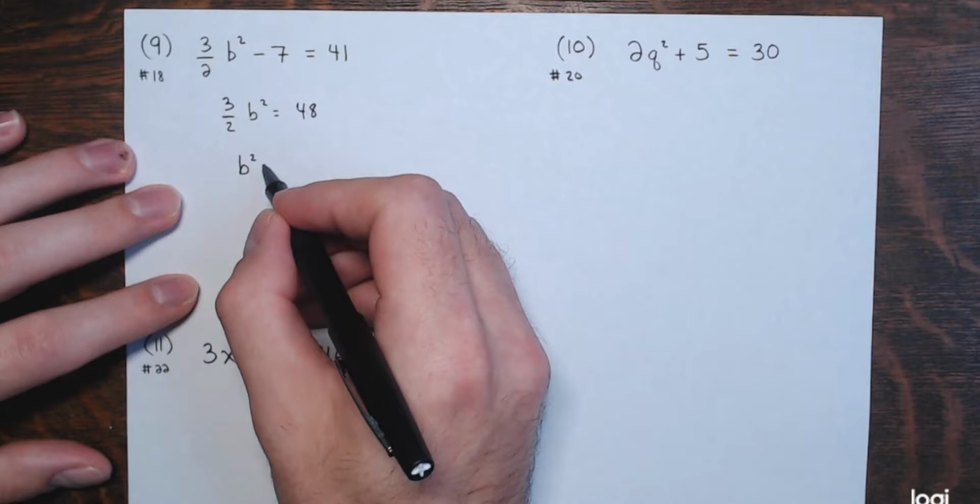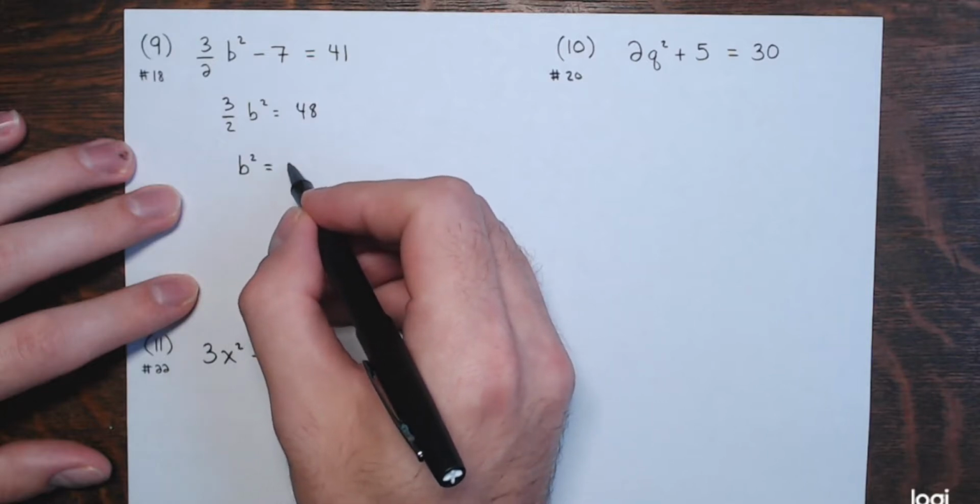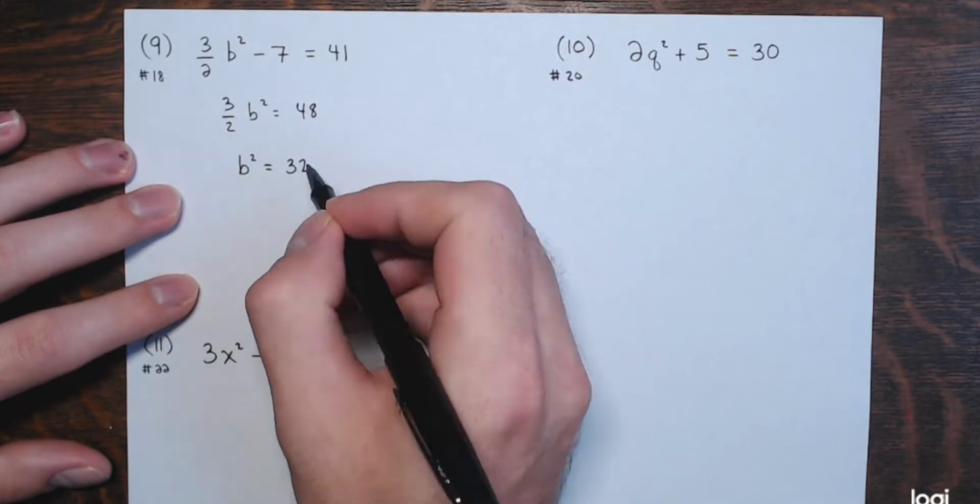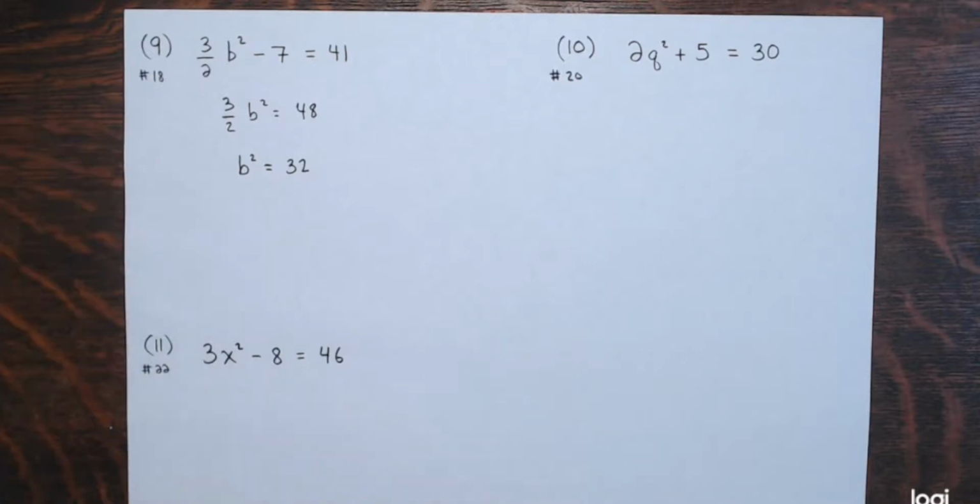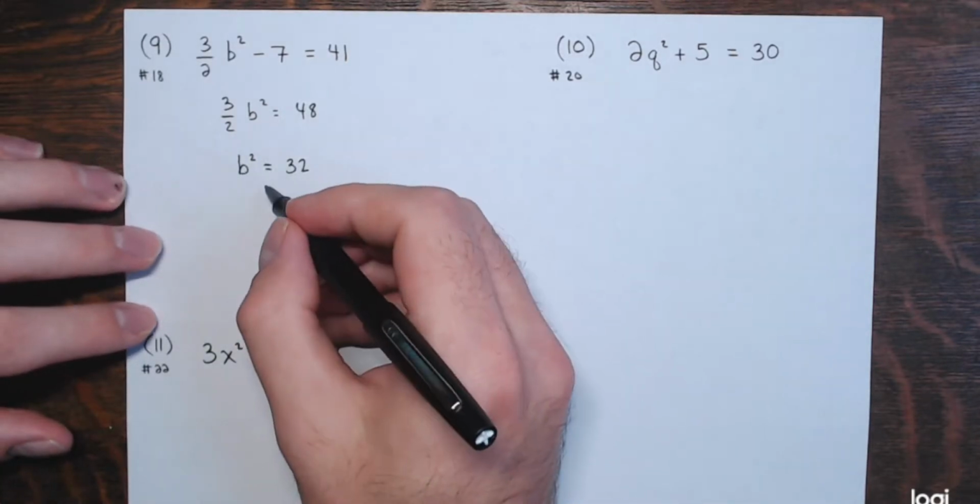So b squared equals 32. 3 goes into 48 16 times. Times 2 would be 32. Now if b squared is 32, I have the square alone.